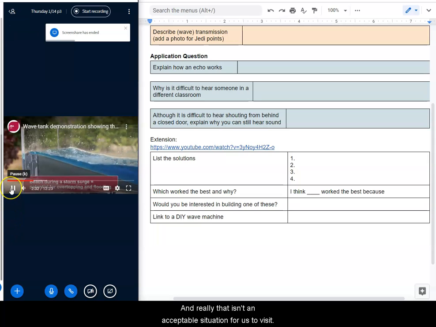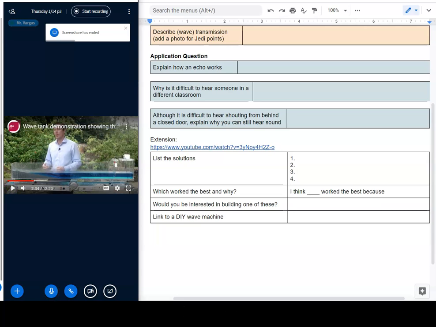And really that isn't an acceptable situation for us, so this is around the time where we bring in our coastal engineers.